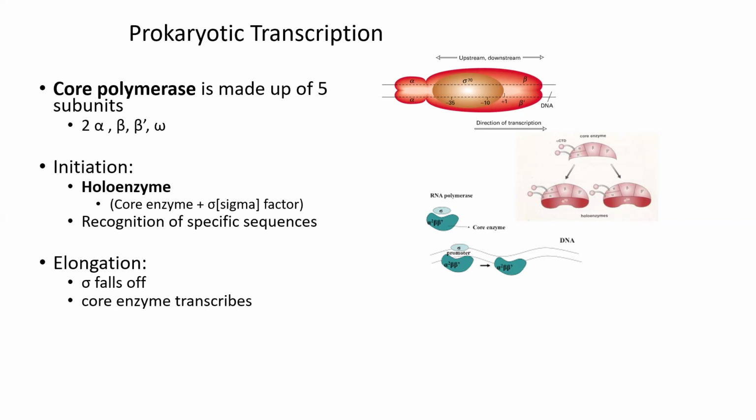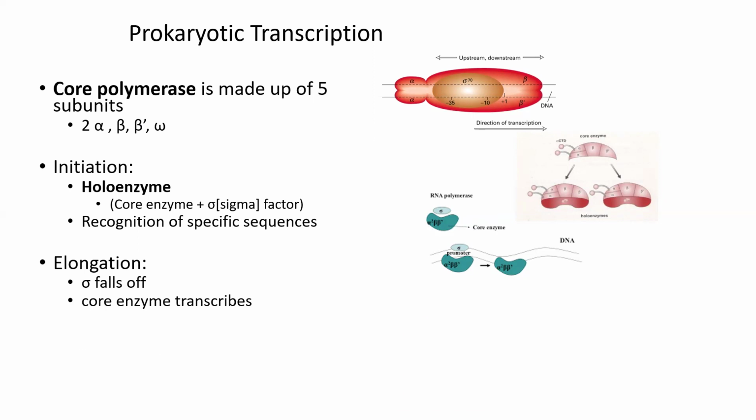Once that specific sequence is found for this polymerase, the holoenzyme, sigma gets released, and this core enzyme, this core polymerase that has all these different subunits, ends up shooting in the direction of transcription, where it transcribes, basically adding RNA nucleotides to your RNA sequence itself.